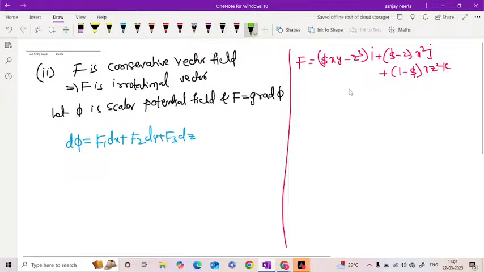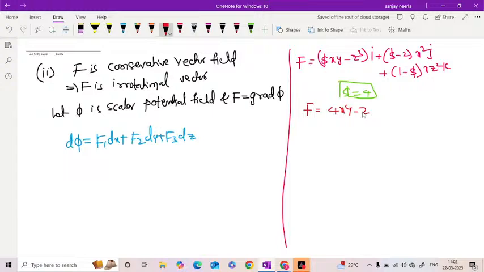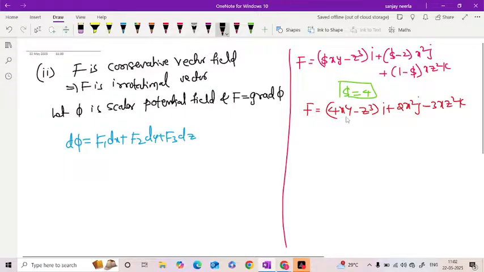Now just substitute the parameter equal to 4. After substituting, what is our vector field? 4xy minus z cube into i plus 2x square j minus 3xz square into k. In this one, this is our f1, this is our f2, and this is our f3.